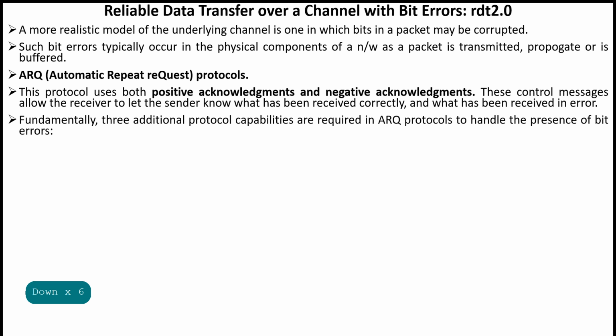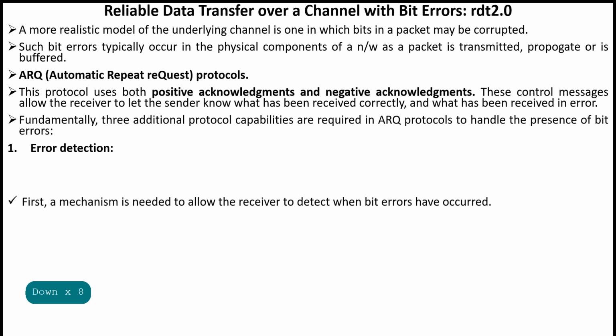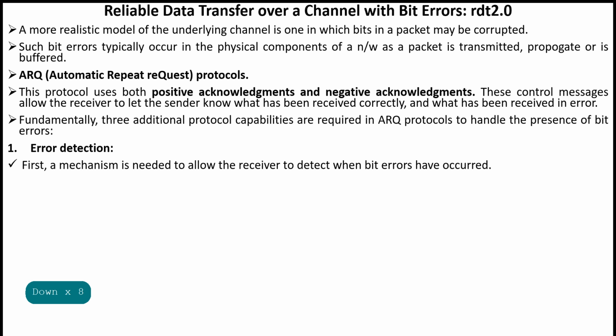Fundamentally, three additional protocol capabilities are required in automatic repeat request protocols to handle the presence of bit errors. First one, error detection. First, a mechanism is needed to allow the receiver to detect when bit errors have occurred.